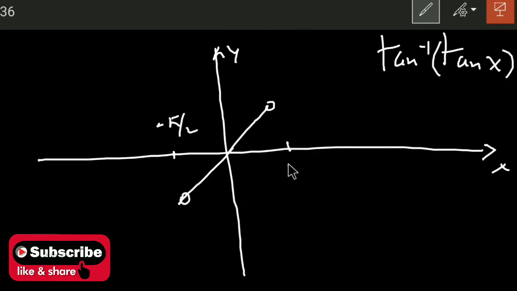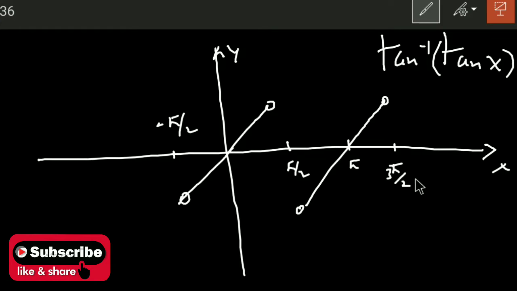So when x belongs to minus pi by 2 to plus pi by 2, and once again the graph goes like this way. These parallel lines cross over the x-axis at pi, and at 3 pi by 2 it is once again not defined, as you know that tan x is not defined at odd multiples of pi by 2.